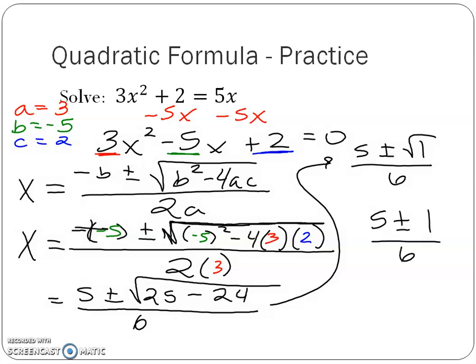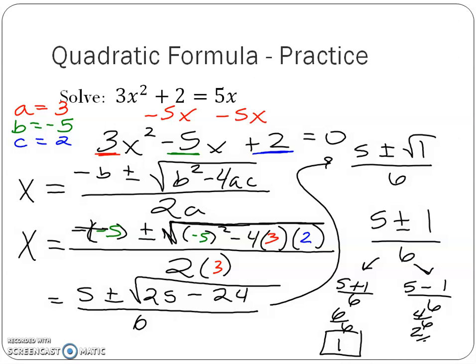Now remember, plus or minus literally means you're going to add or subtract, so set up your two equations at that point. 5 plus 1 over 6 is 6 over 6, which is 1. One of my answers is going to be 1. I also have 5 minus 1 over 6, which is 4 over 6, and 4 over 6 reduces to 2/3. So 1 and 2/3 are my answers from the quadratic formula.